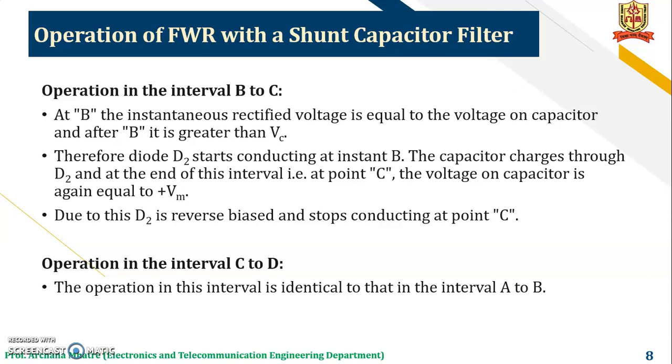Therefore, diode D2 starts conducting at instant B. The capacitor charges through D2, and at the end of this interval, that is at point C, the voltage on capacitor is again equal to plus Vm. Due to this, D2 is reverse biased and stops conducting at point C. Now next operation in the interval of C to D. The operation in this interval is identical to that in the interval A to B.